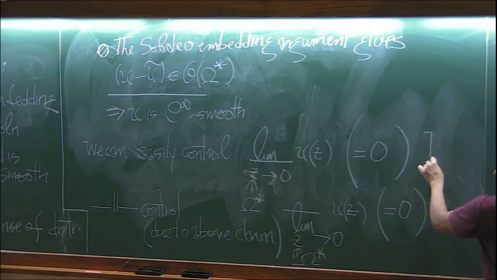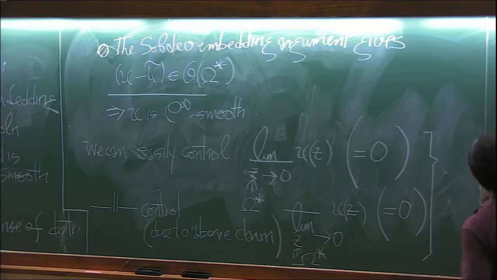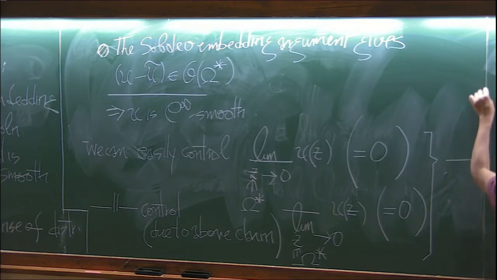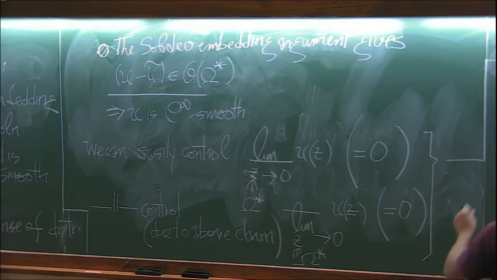So that is a sketchy explanation for what I was earlier calling statement number 2: the limit as Z approaches the origin through omega star of U of Z is equal to 0.